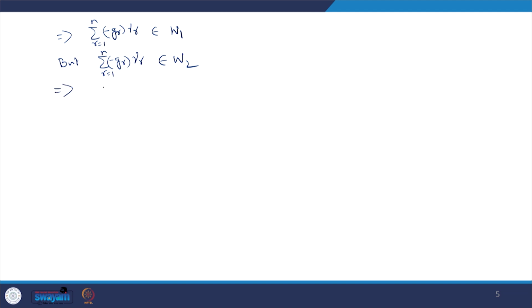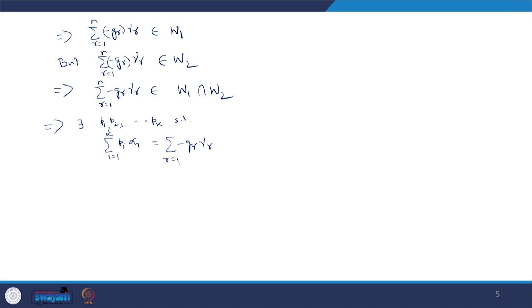So, this implies sigma minus Gr gamma r belongs to W1 intersection W2. So, I will be able to express this element as a linear combination of the basis elements of W1 intersection W2. So, there exist P1, P2, Pk such that sigma Pi alpha i, i equal to 1 to k, equal to sigma minus Gr gamma r, r equal to 1 to n.